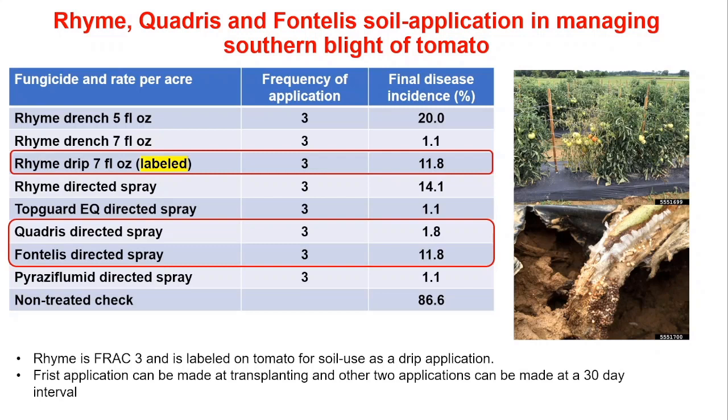The only thing is that southern blight is not in their spectrum because they did not know about it until a couple of trials we did. So Rhyme's soil label is quite beneficial for our tomato growers when we have a southern blight issue. So we can rotate Rhyme and Fontelis.